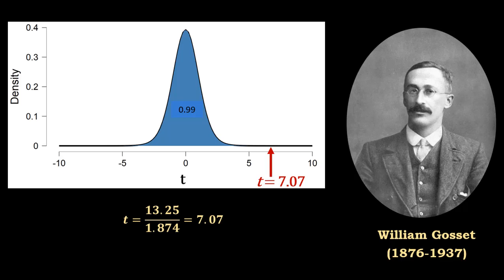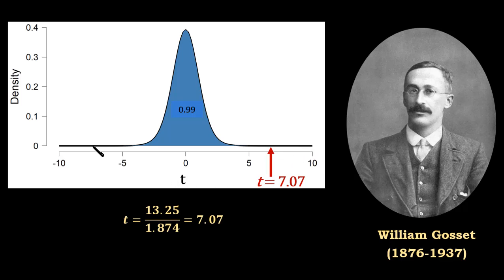Remember that we have 16 values, but we lost 2 degrees of freedom when we calculated 2 means. So the shape of the t-distribution changes with the number of degrees of freedom. For 14 degrees of freedom it has this shape, and we try to locate a t-value of 7.07 in this distribution, and obtain the t of 7.07 or more.